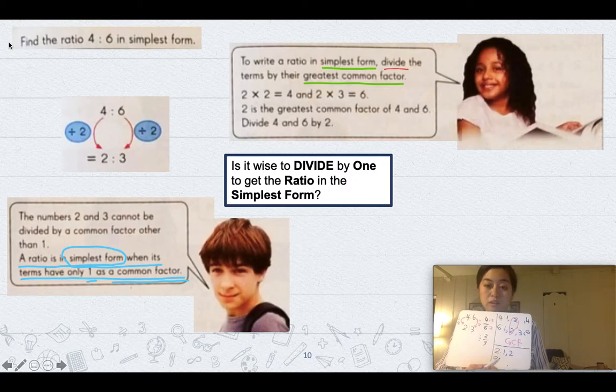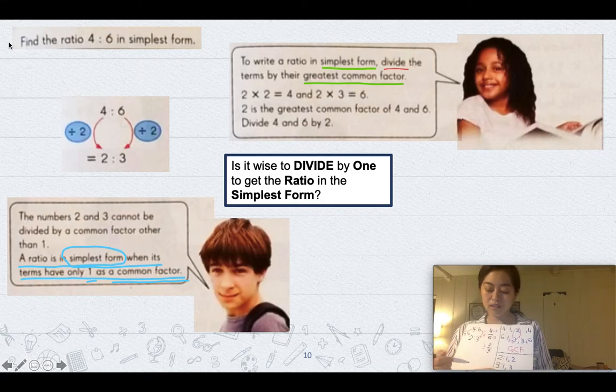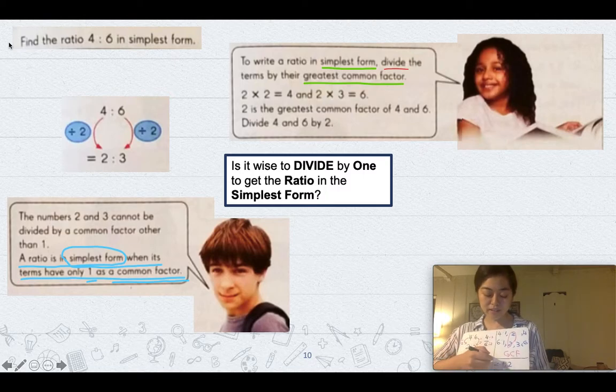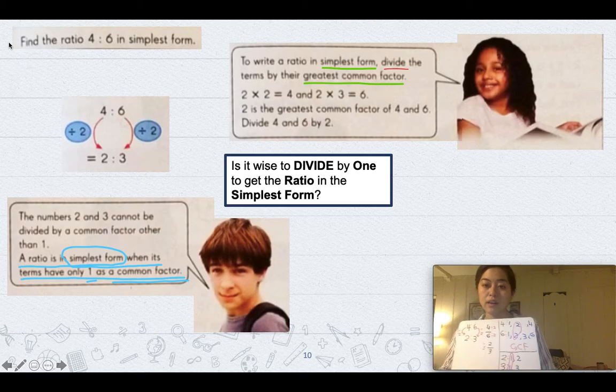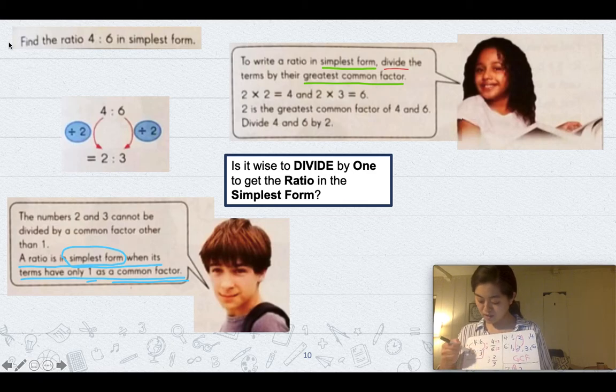What about 3? 1 times 3 and 3 times 1, and that's it. So it looks like here the greatest common factor is actually just 1. In fact, it's the only common factor. And when you have that, it means it's in simplest form. So yay, you did it. All right?